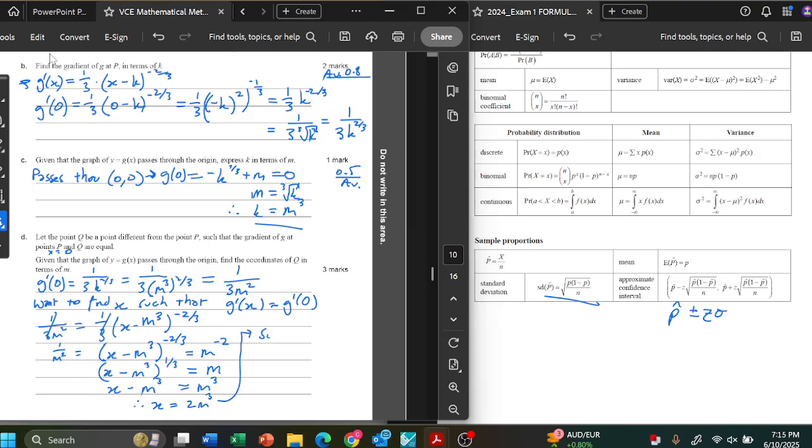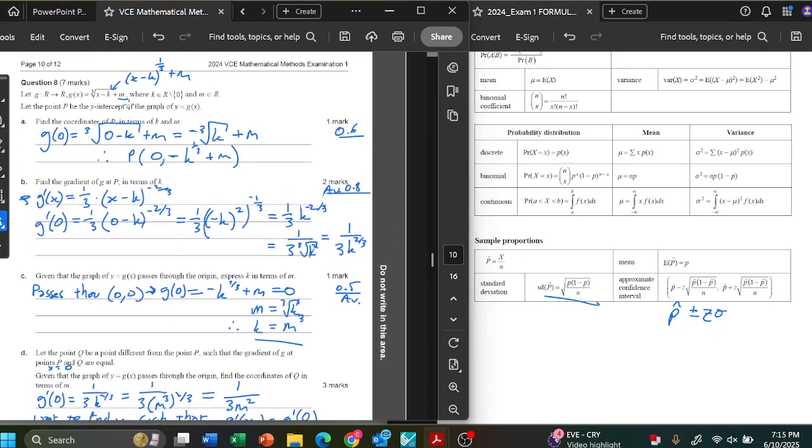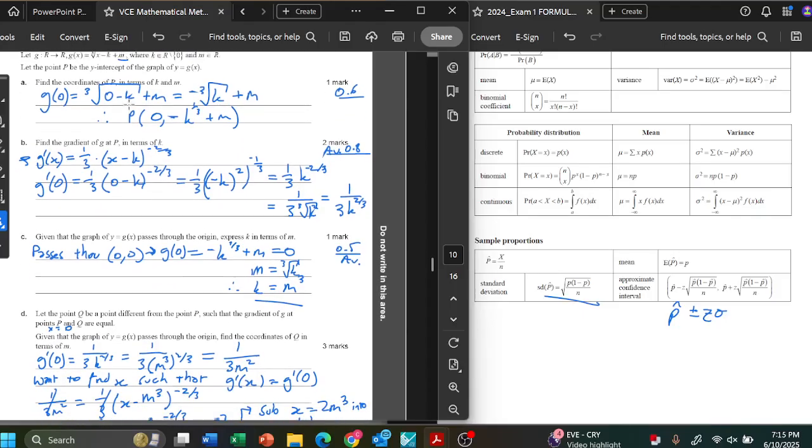So we now need to substitute x equals 2m cubed into the g function, into y equals g of x. So in other words, what is g of 2m cubed? Going back up here, it's that guy there.